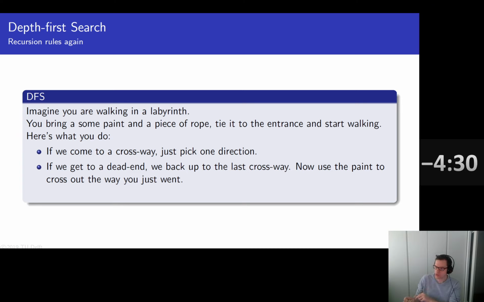But if at some point you reach a dead end, then what do you do? Well, you can use your rope to get back to the last intersection and make a new choice. But you need to remember that the way that you came from was a dead end. So this is where you use your paint, you put a big X on the ground, and you make sure you don't go down that path again.